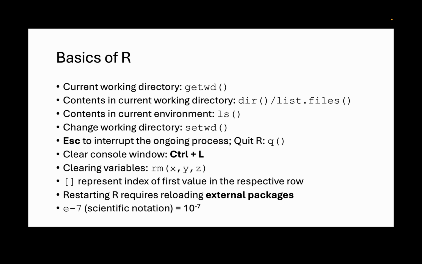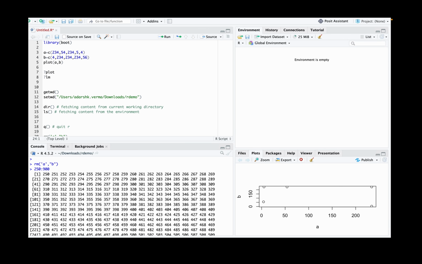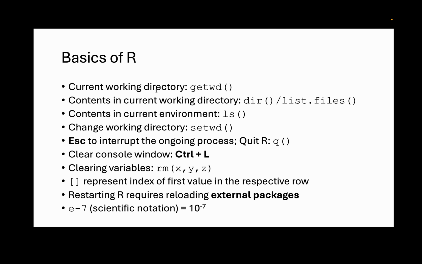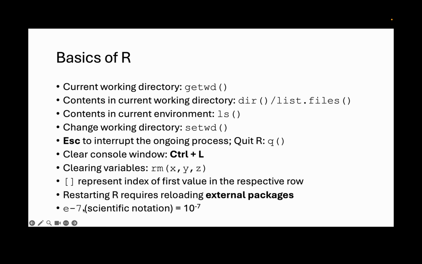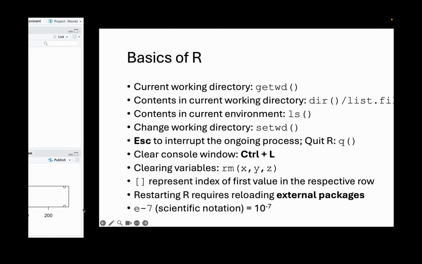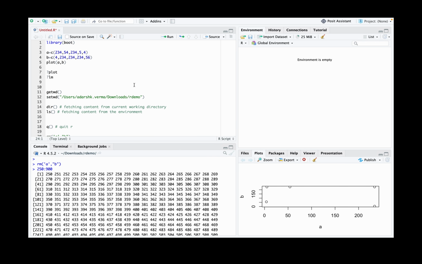Another thing, when you start with any statistical analysis, you will start seeing these scientific notations, for example, e minus or plus some number. What it really means: when you do any correlation test or t-test, in all of these you will see the p-values, right?